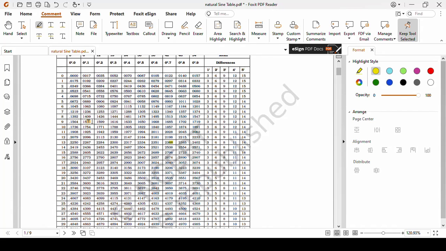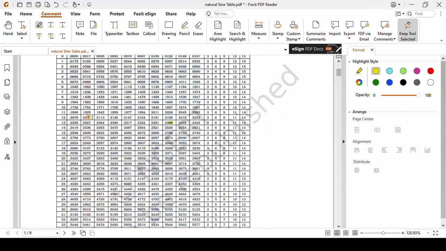We're looking for 0.237. Now this is 0.2368. So the number falls between 0.2368 and 0.2385.